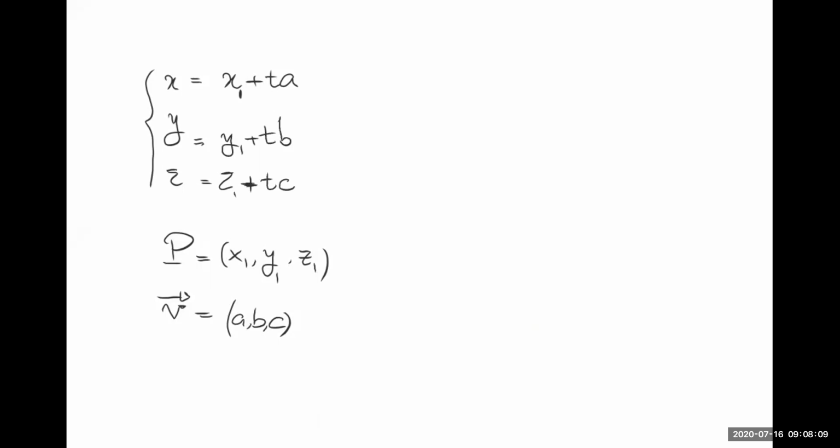That's the parametric equation. Now we also mentioned another type of equation called the symmetric equation.